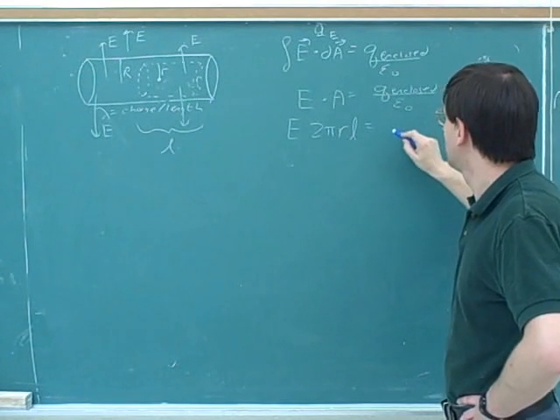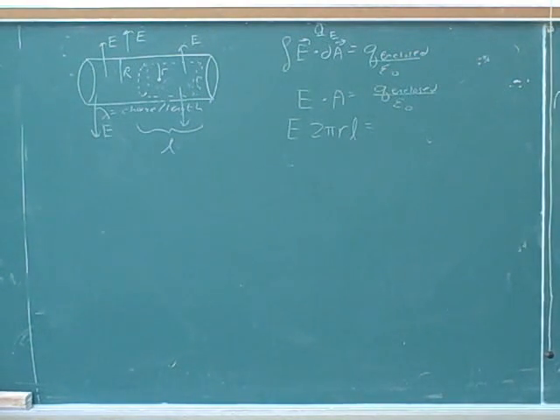Okay, good. And then for Q enclosed, we know that it has uniform charge per unit length lambda. So that's the charge density.